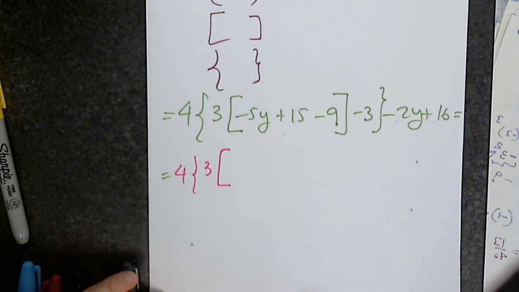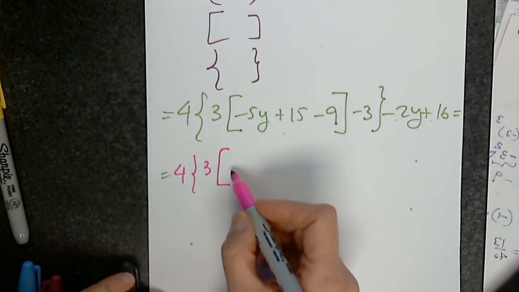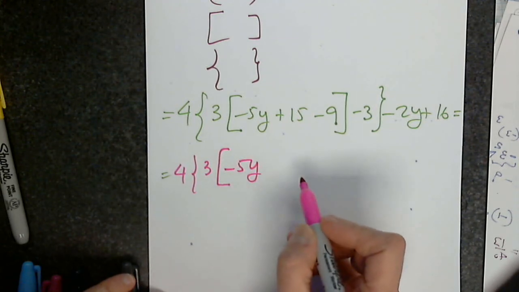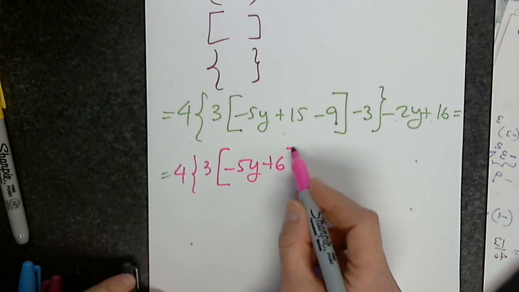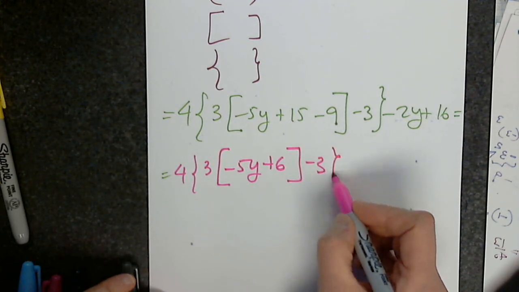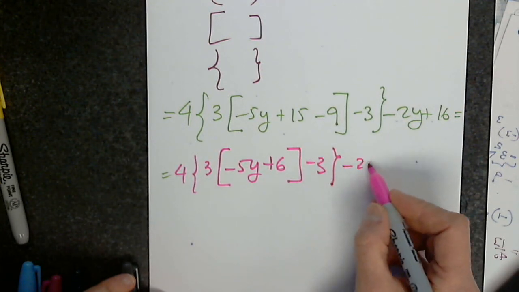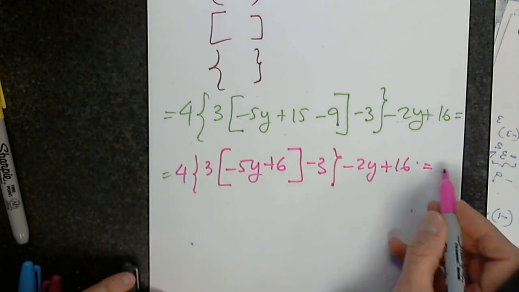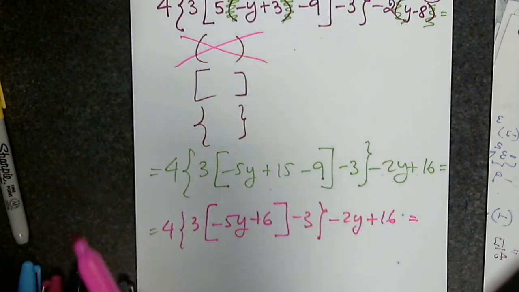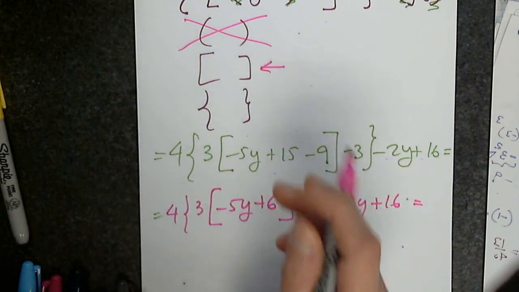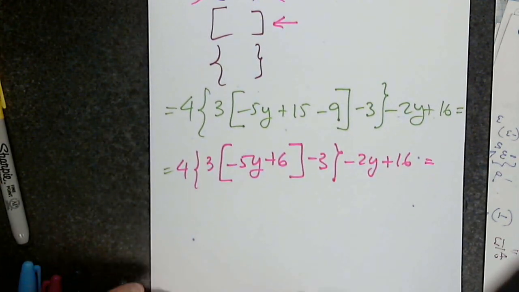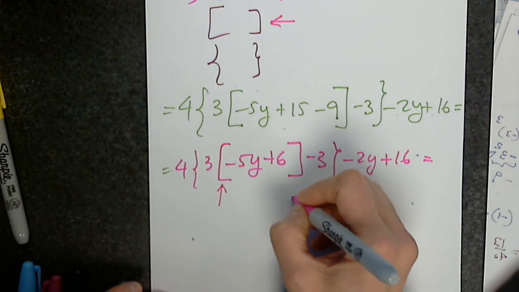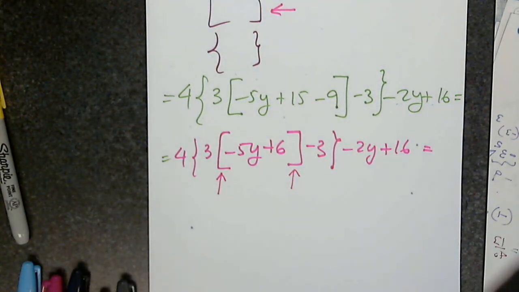And what I have in brackets is negative 5y. Very good. Close the bracket, minus 3, braces, minus 2y plus 16. So I'm done with this. Now I'm here. This is the one I want to eliminate. This I want to go away.